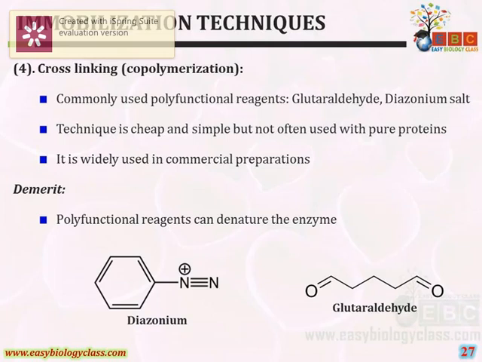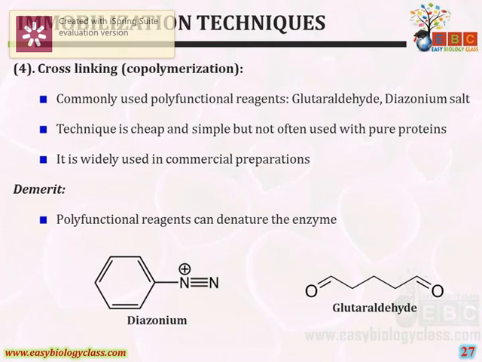For the copolymerization or cross-linking process, polyfunctional reagents are used for the linking of enzymes. Here, no support system is required. Glutaraldehyde and diazonium salt are used for the cross-linking of the enzymes. This technique is very cheap and simple, often used with pure proteins, and it is widely used in commercial preparation at the industrial level.